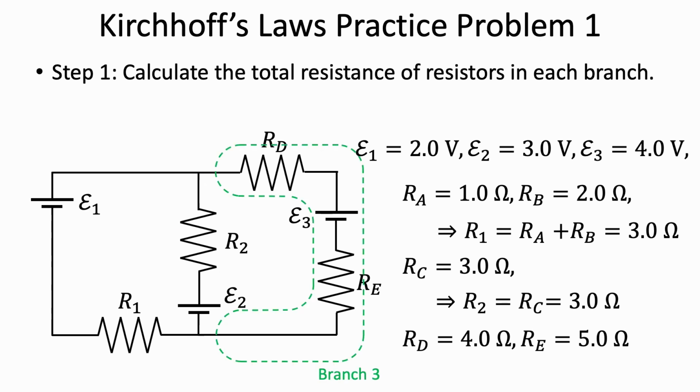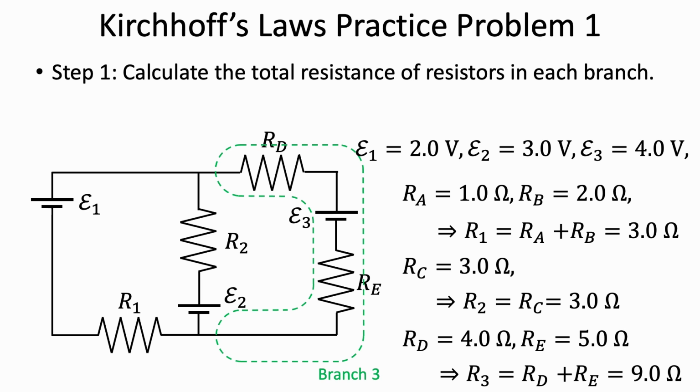Let's now look at branch 3. In this case, the 2 resistors are not in series because there is a battery in between. But because there is no junction between the resistors and the same current flows through them, we can treat them as if they are in series and calculate their total resistance as the sum of their resistances.